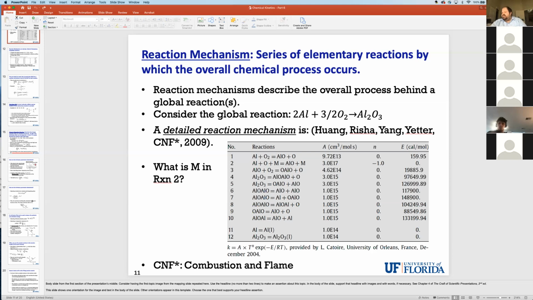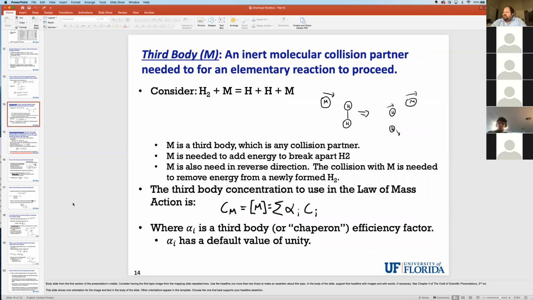And in principle, since the third body is a collision partner, in theory, the efficiency factor for all species should basically always be one from a basic theory point of view.